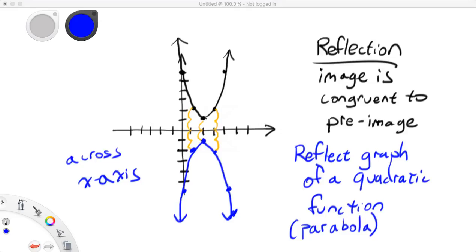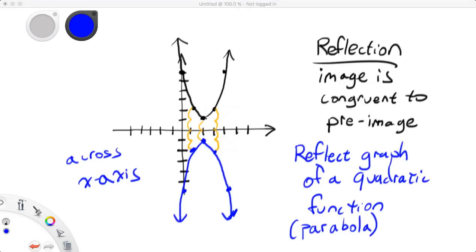This other one's going to be over here. And I'm going to get this nice upside down U, right? This is the right side up U. This is the upside down U. And so that is the reflection. That is what happens when you reflect the graph of a quadratic function, aka parabola, right?